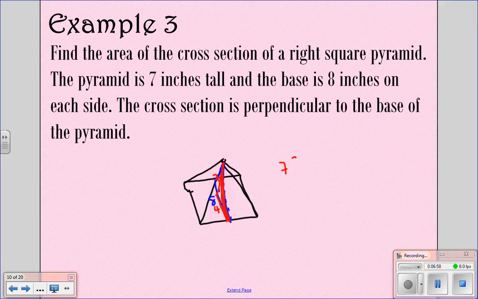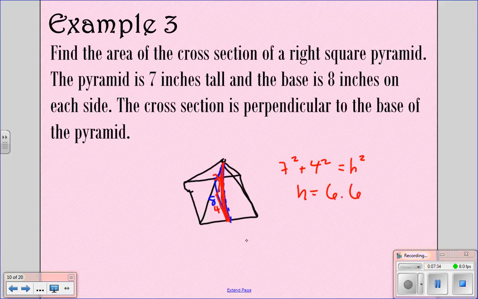So we would have 7 squared plus 4 squared equals the hypotenuse squared. And so if you solve that using Pythagorean theorem, you should get about 6.6 for your hypotenuse.